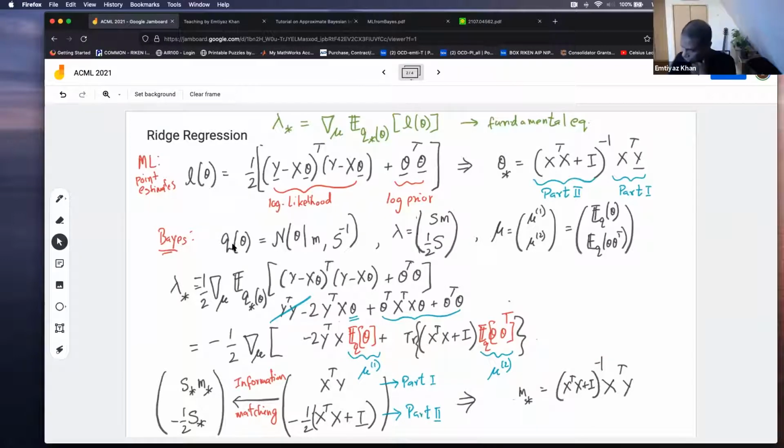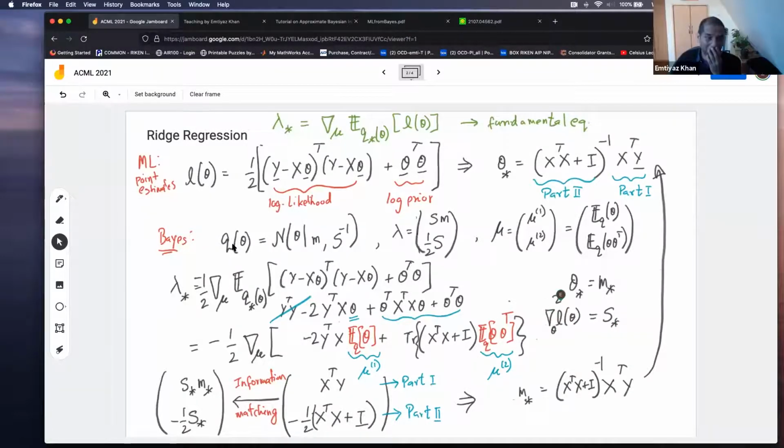Okay, so what I've proved now is that theta star equals M star. And I've proved that S star is equal to the Hessian. Okay. So now I can stop here and we could discuss at this point.